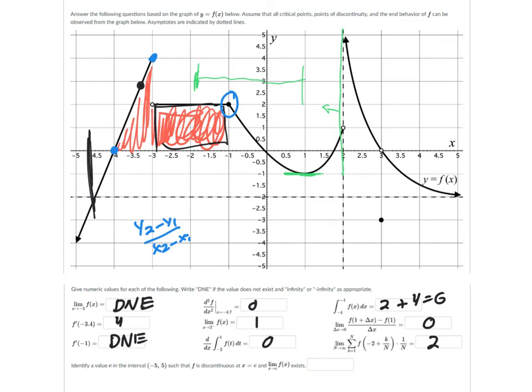Okay, so next we have to identify a value c that's on the interval of -5 to 5, so the entire graph, such that it's discontinuous at its value, right, but the limit exists, right? So the limit exists means that both the left and the right side are going to the same spot, right? But at the point itself, it's discontinuous, right?